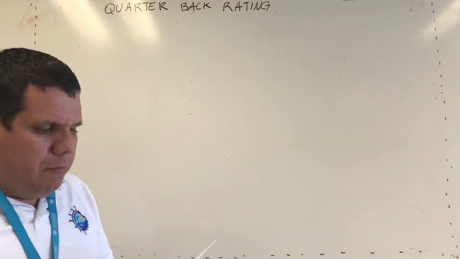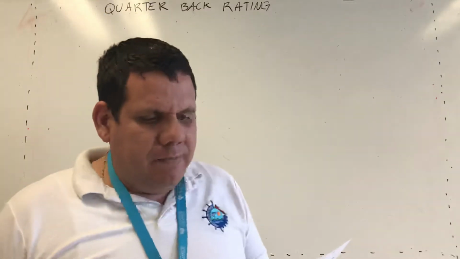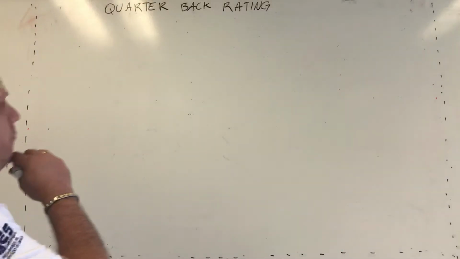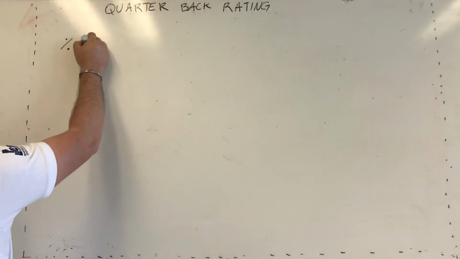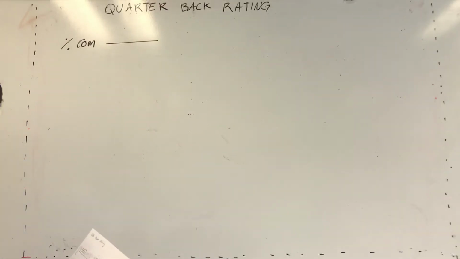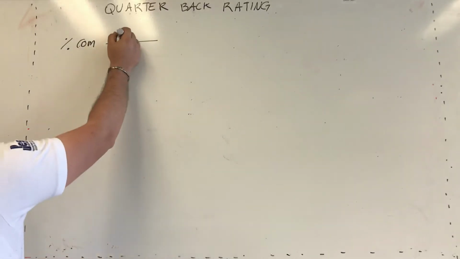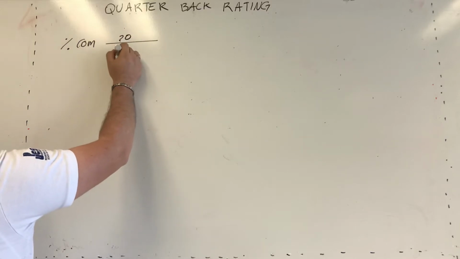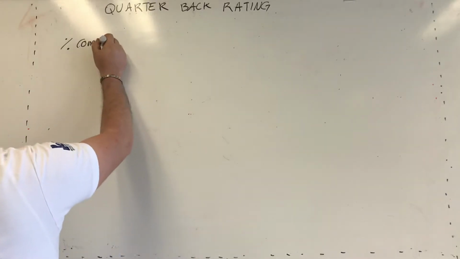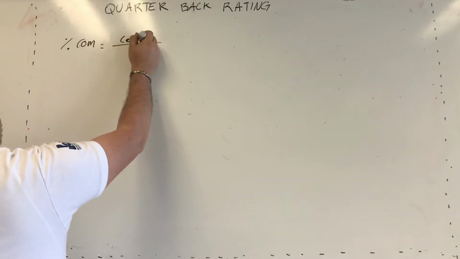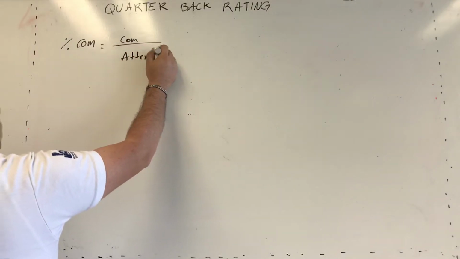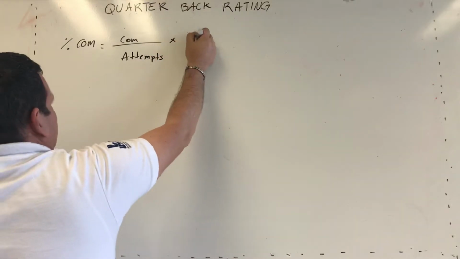Juan Reyes completed 20 passes in 50 attempts. Find his percent of completions per attempt. To find the percent of completions per attempt, we need to divide the completions, in this case 20, by the attempts. The completions of passes divided by the attempts and multiplied times 100.